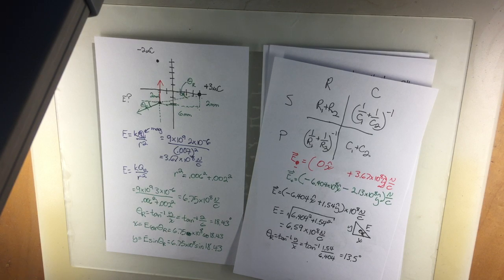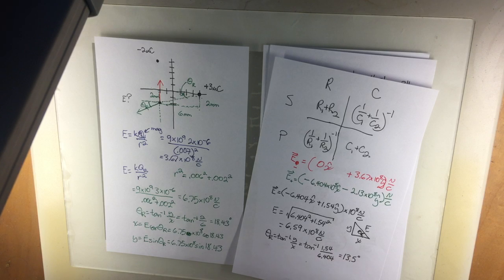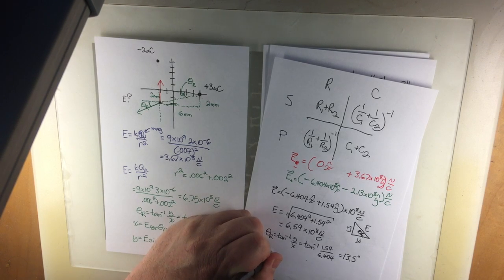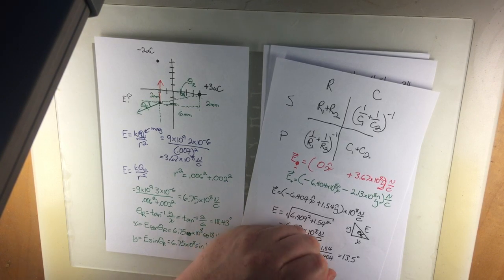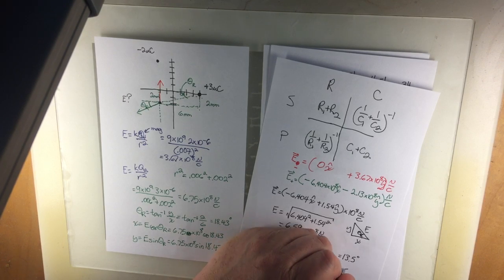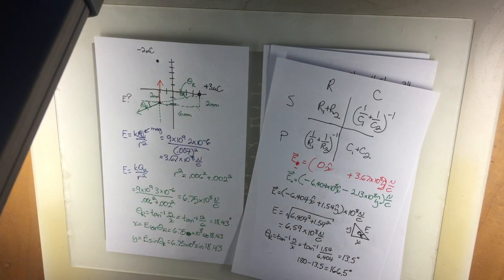So how do I get the absolute angle from this reference angle for a second quadrant vector? You subtract it from 180. So this becomes 180 minus 13.5, or 166.5 degrees.